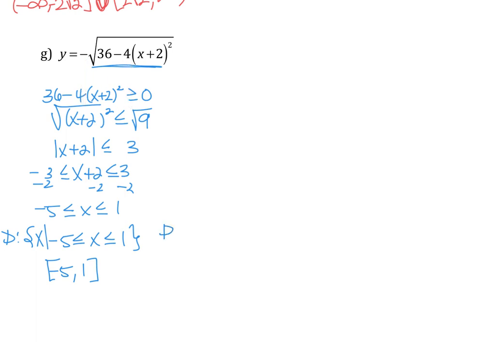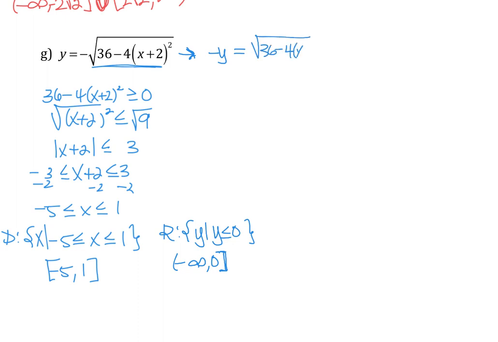So that's the first way you can find that your range is going to be less than or equal to 0. Or you can do it just like how we did the first square root graph, which was example B, and isolate the square root, so you'd get negative y equals root 36 minus 4 times x plus 2 squared, and say that negative y has to be greater than or equal to 0, so that gives us y is less than or equal to 0.